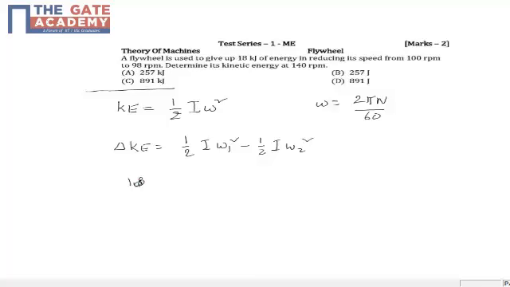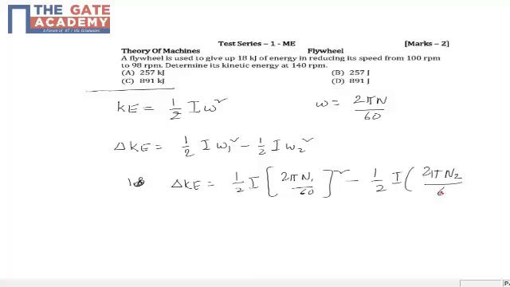Let's do it later, but half I omega 1 I can write as half I times 2 pi n1 by 60 whole square, minus half I omega 2, which is 2 pi n2 by 60 whole square. Now this is your general expression, and if I substitute that, I get 18 kilojoules here.